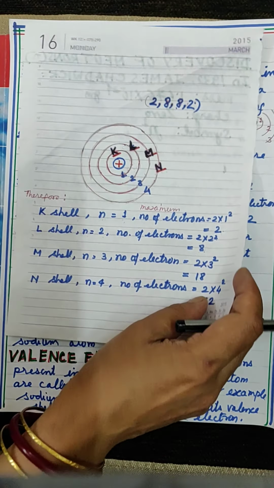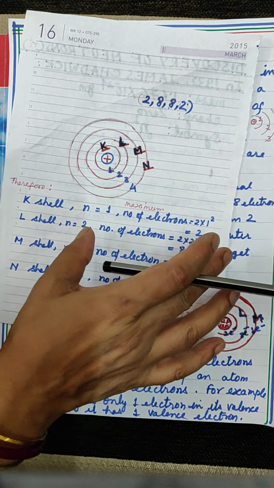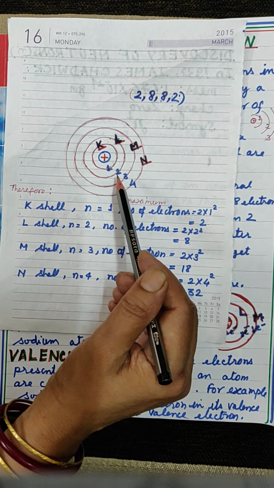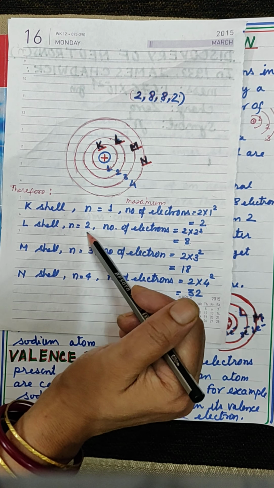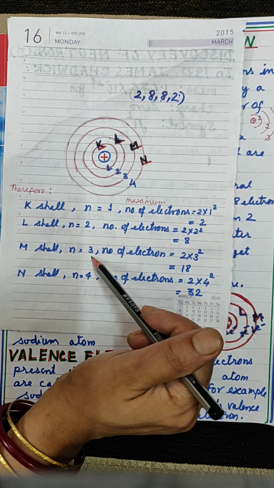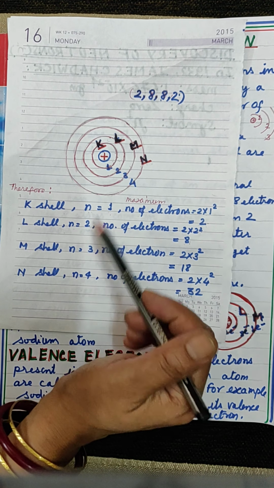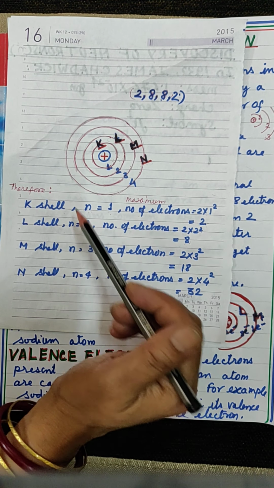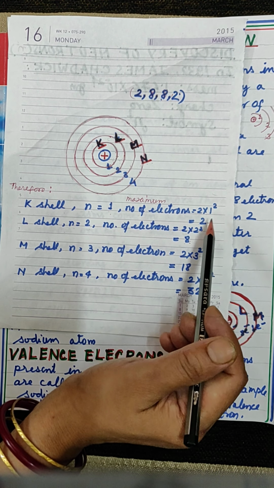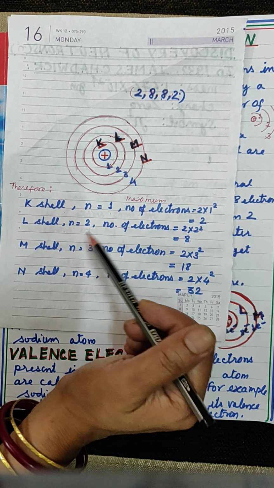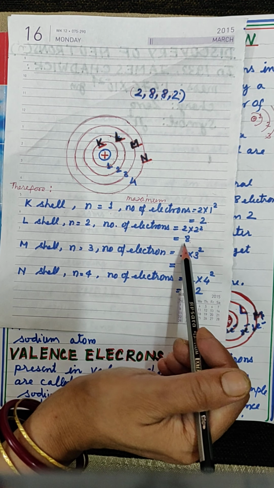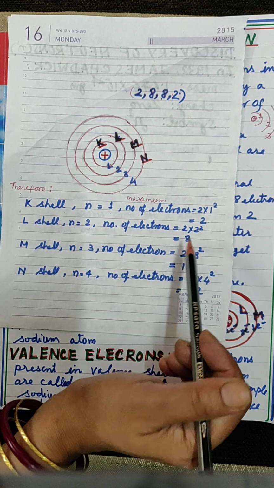For example, for the first orbit the value of n is 1, for the second or L shell n is equal to 2, for the third or M shell n is equal to 3, and for the fourth or N shell n is equal to 4. So the first K shell can have 2 into 1 square, that is 2 electrons only, whereas the second one is a little bigger, it can have 2 into 2 square, that is 8 electrons maximum.